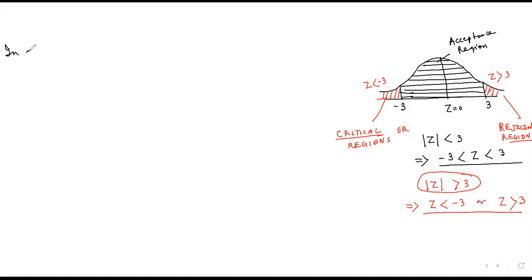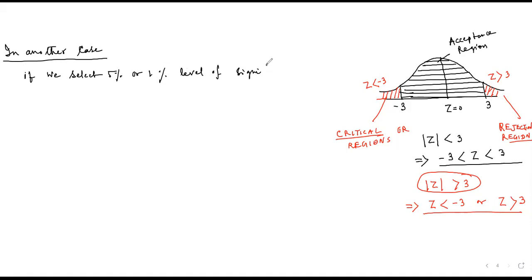In another case, if we select a 5% or 1% level of significance and the test is one-tailed, that means suppose I'm writing mu equal to 3.25 and mu is less than 3.25.